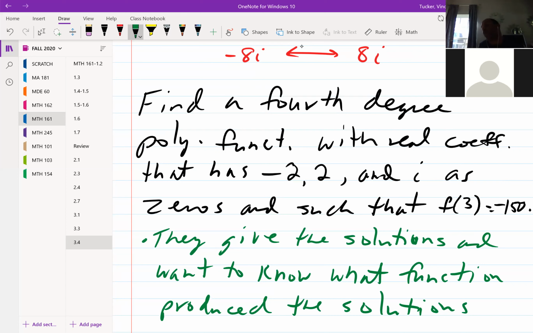So you're working in reverse. Normally you have the function and you want to find the solutions. This time they give you the solutions and they want you to find the function that produces those.